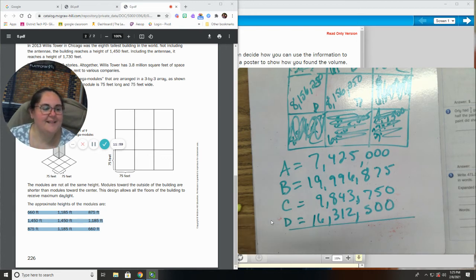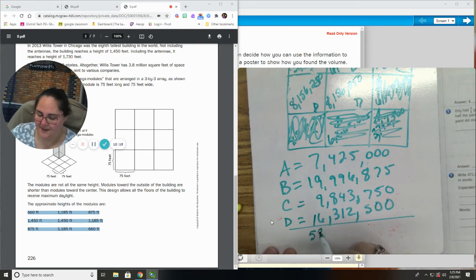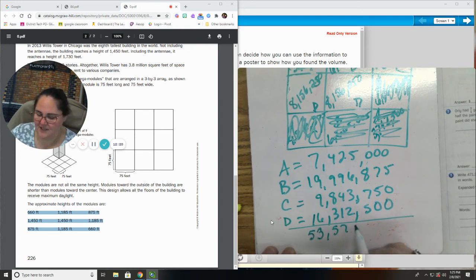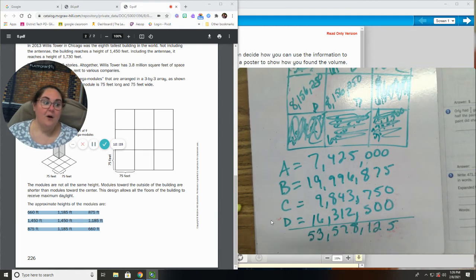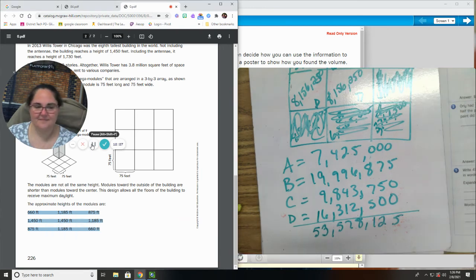How many cubic feet is our Willis Tower? All right, if I add them all together, we have 53,578,125. Whew, that's a lot.